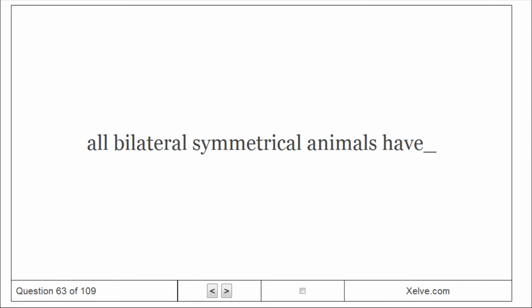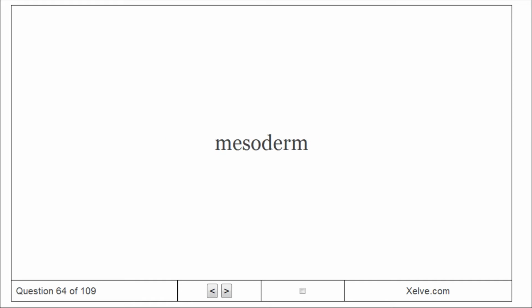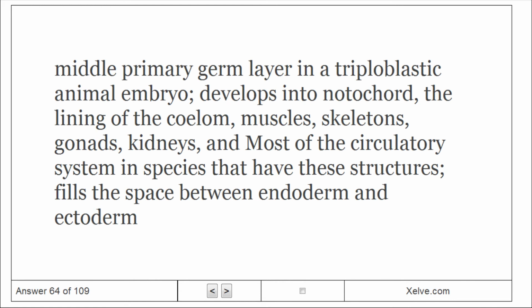All bilaterally symmetrical animals have a third germ layer called mesoderm. Mesoderm. Middle primary germ layer in a triploblastic animal embryo, develops into notochord, the lining of the coelom, muscles, skeletons, gonads, kidneys, and most of the circulatory system in species that have these structures, and fills the space between endoderm and ectoderm.